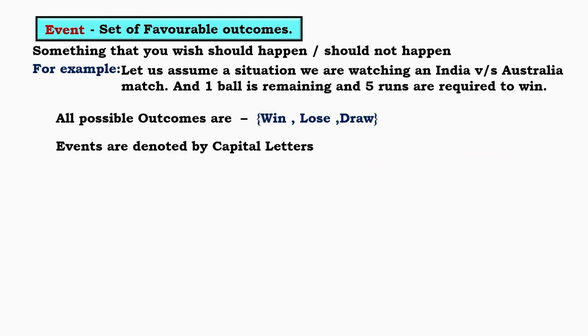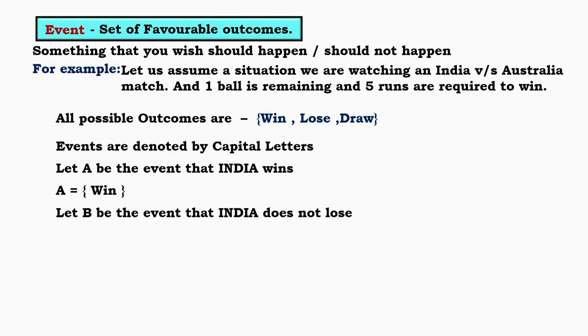Events are normally denoted by capital letters. Here let us take A to be the event that India will win, so A equals win. There can be another event B such that India doesn't lose.